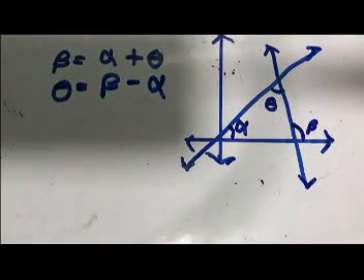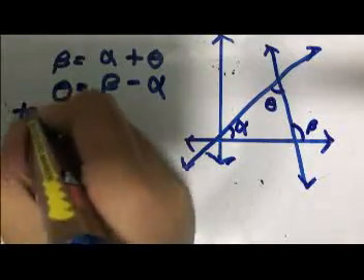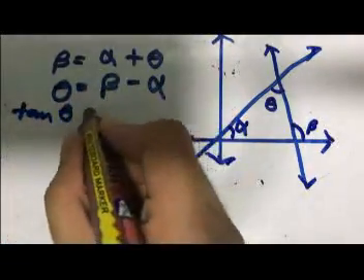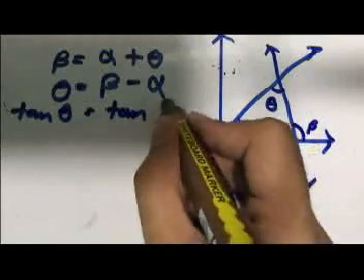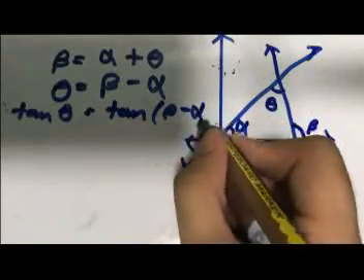So tangent theta is equal to tangent of beta minus alpha.